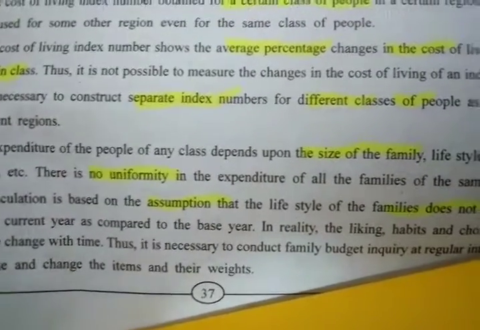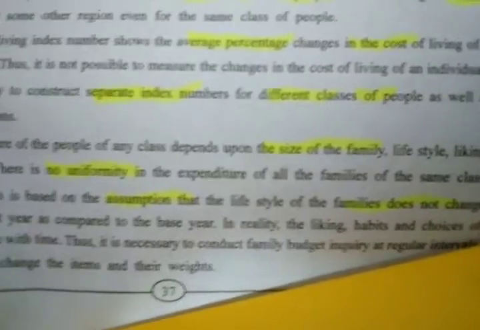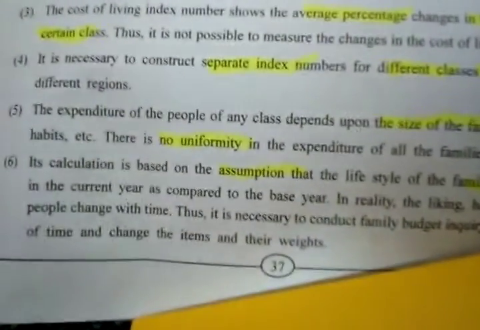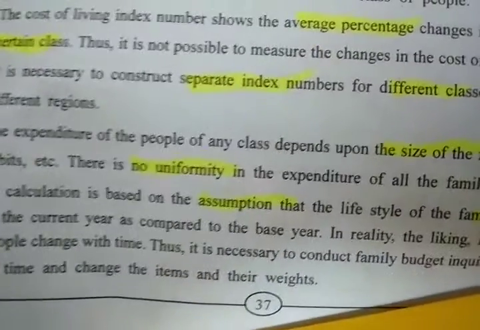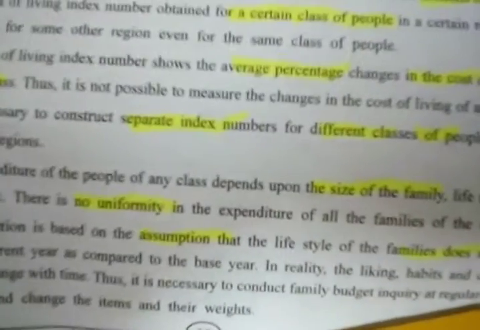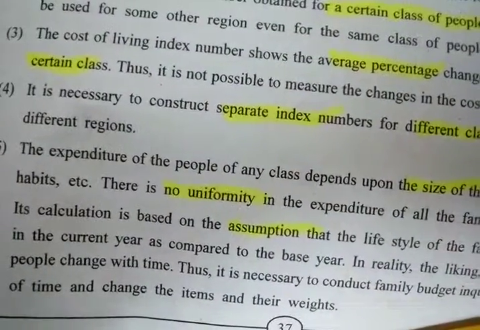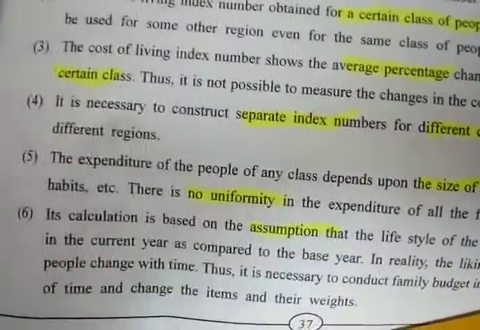In reality, the liking, habits, and choices of people change with time. Thus, it is necessary to conduct family budget inquiry at regular intervals of time and change the items and their weights.